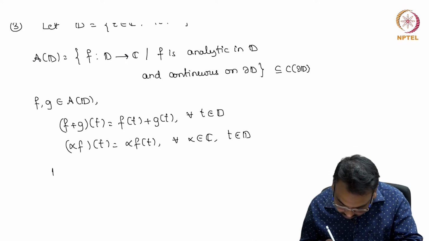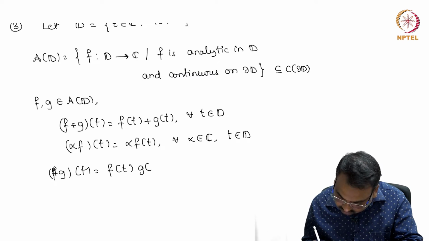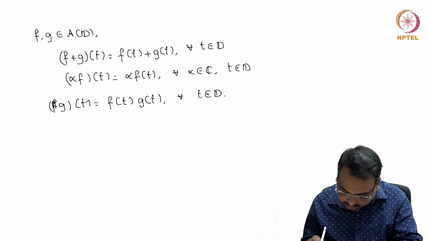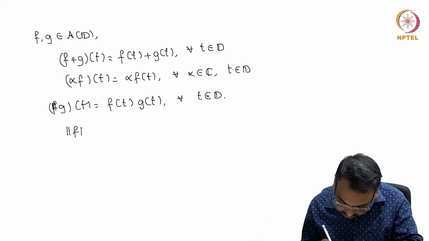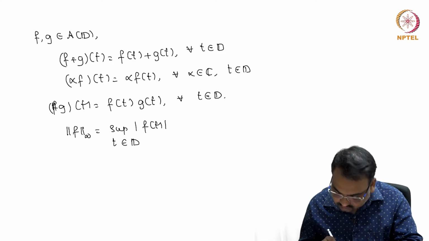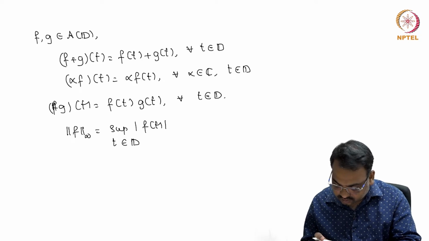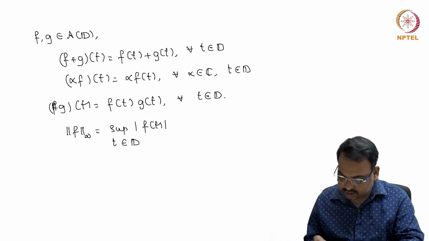Now look at the supremum norm. So fg at t you take as f of t times g of t for every t in D, and the norm of f is the supremum of mod f of t, where t is coming from D closure. The maximum is attained on the boundary.